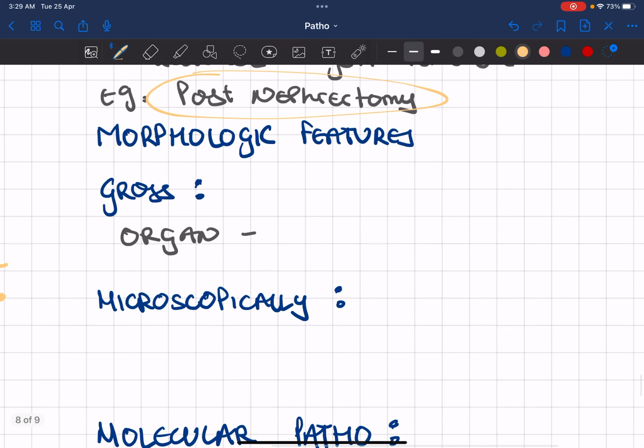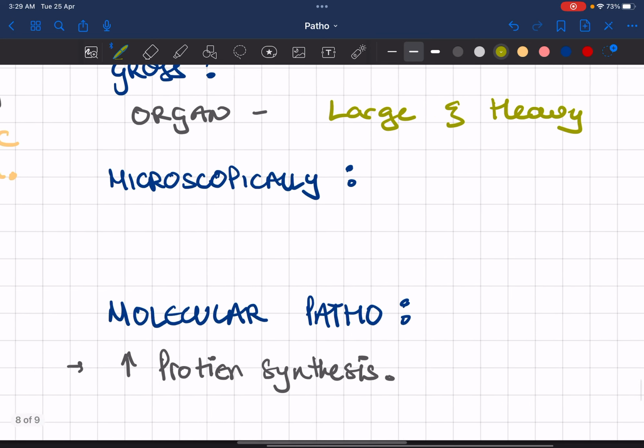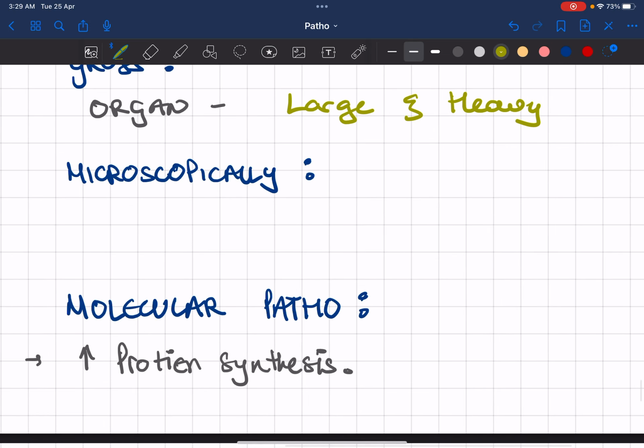Then we come to morphologic features. How would the hypertrophied organ look? Just imagine. What comes to your mind? Yes, it would look large and heavy. Microscopically, there would be increased muscle fibers and increased nuclei.